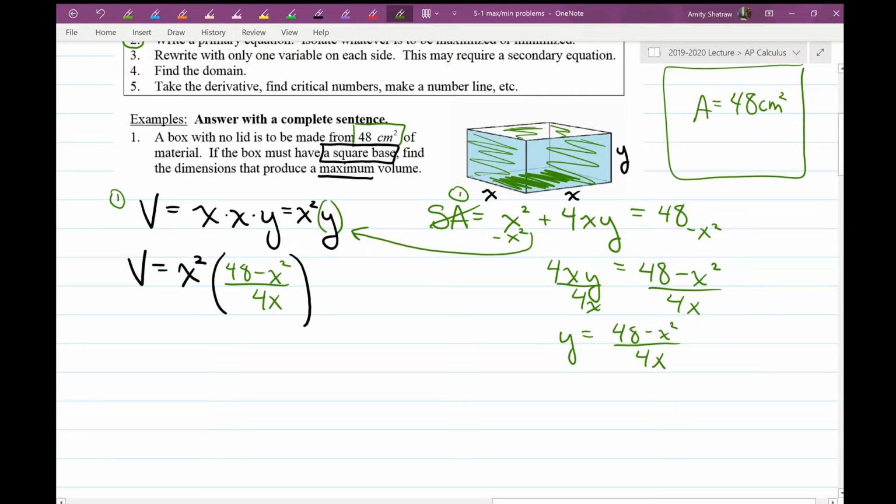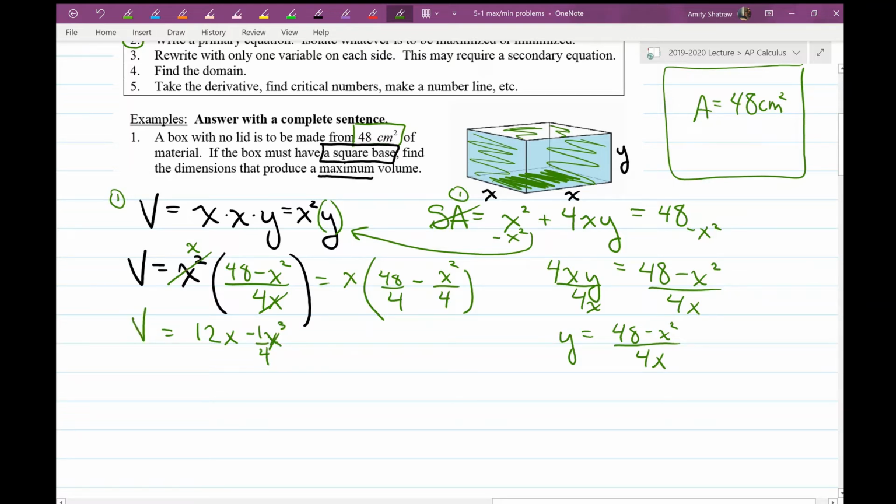I've got an x squared on top and an x on bottom, so there's still an x left when I simplify. Each piece is even more simplifiable: 48 over 4 and minus x squared over 4. So this is 12x, and this is x cubed multiplied by 1/4. That is my new volume formula.